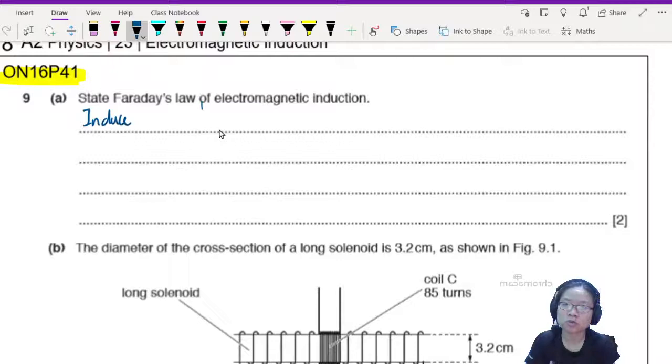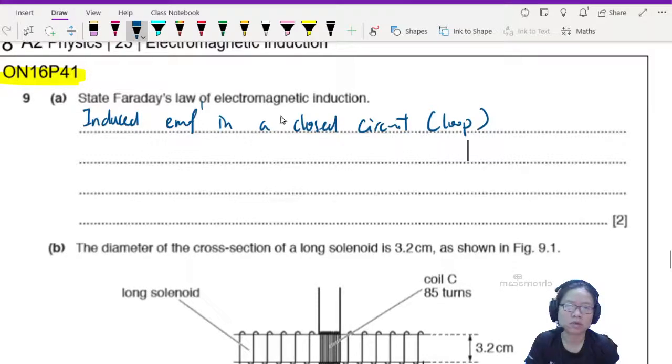So the induced EMF in a closed circuit, or a closed loop, or a conductor is directly proportional.